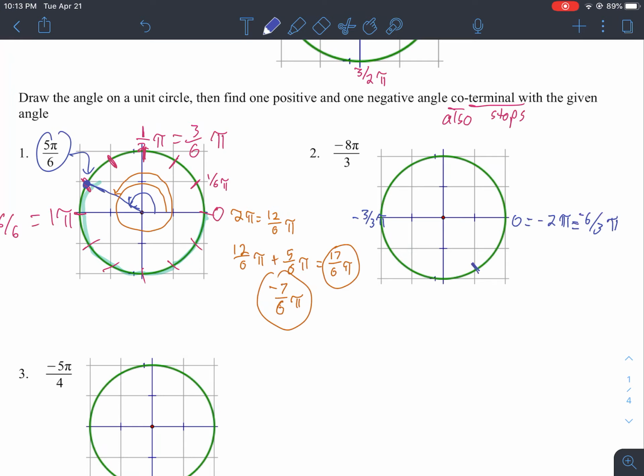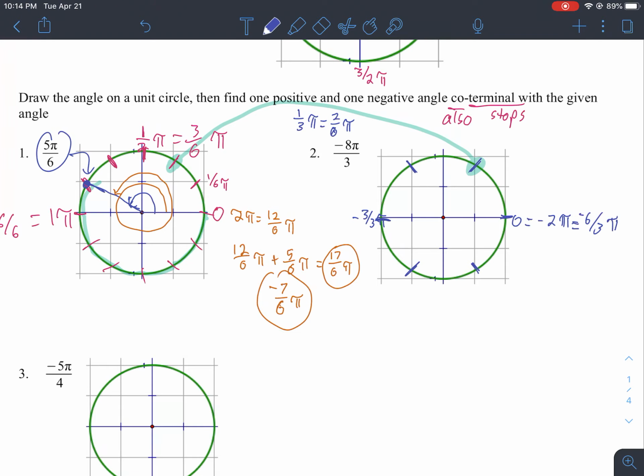So my thirds is about 1/3, 2/3, 3/3, 4/3, 5/3, 6/3. So these dashes are my thirds. Notice that 1/3 is the same as 2/6. So when you're counting in sixths, you're going to count the 2/6, which reduces to a third.